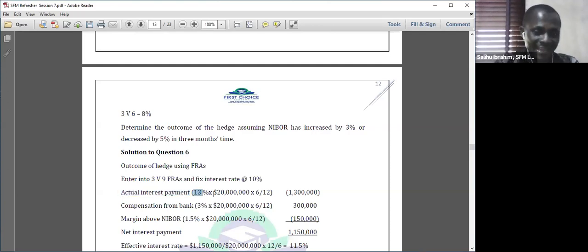That is 13% of 20 million times 6/12, because we are using the money for just 6 months. So multiply 13% by 20 million by 6/12, and I get 1.3 million.